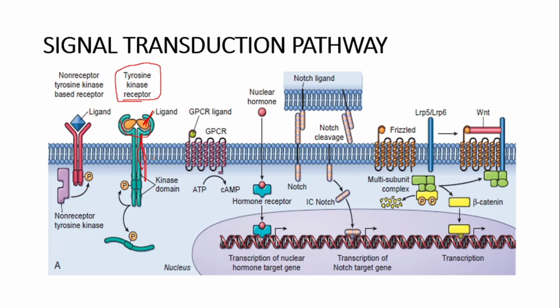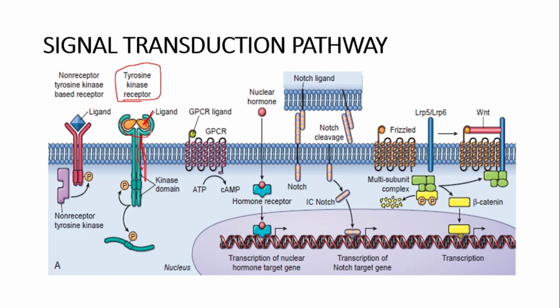So tyrosine kinase is an integral membrane protein, and when this ligand attaches to the receptor, it activates the intrinsic domain which is located in the cytoplasm, and thereby phosphorylation takes place.